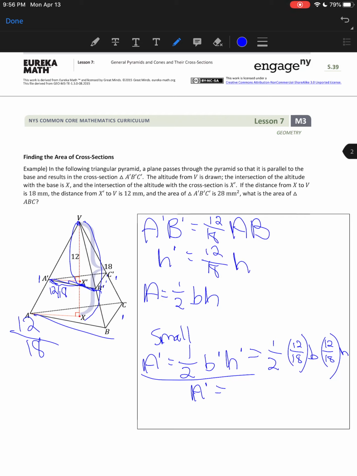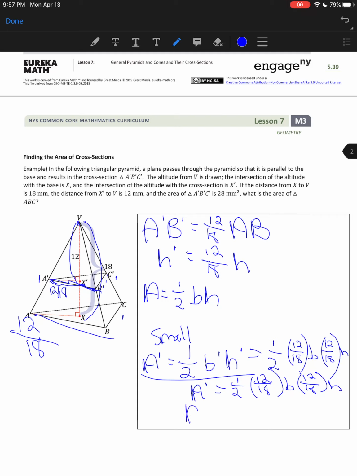And we're saying that's equal to 1/2, and then 12/18 base, 12/18 height. So now I just want to rewrite this a bit.